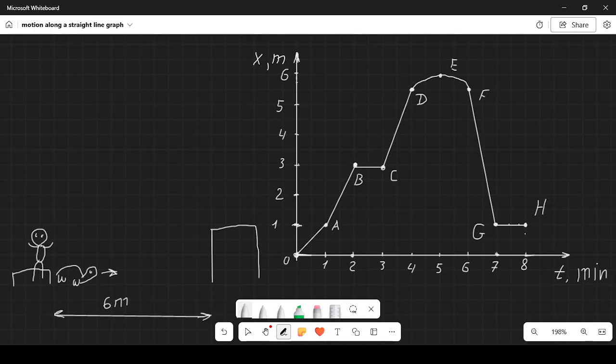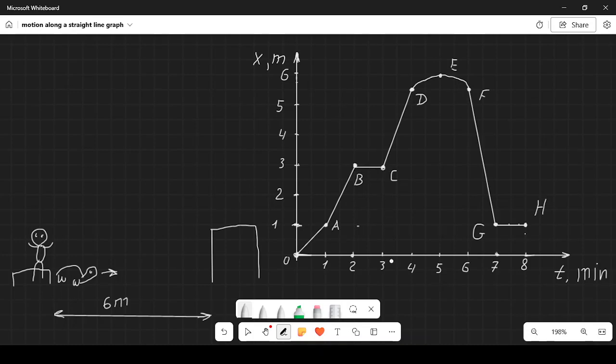It's a 3 meters distance from the bench to the turtle. 3 meters here, 3 meters here, and during the third minute the position of the turtle didn't change at all. The turtle just has no motion, staying in one place for whatever reason. Maybe the turtle got tired.